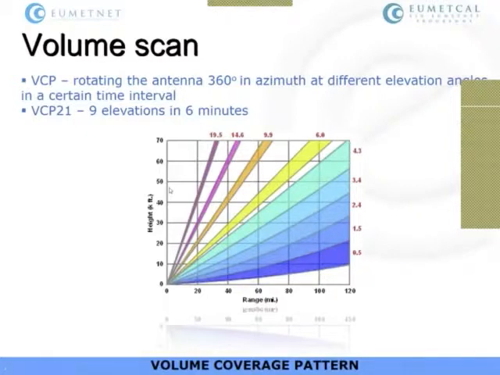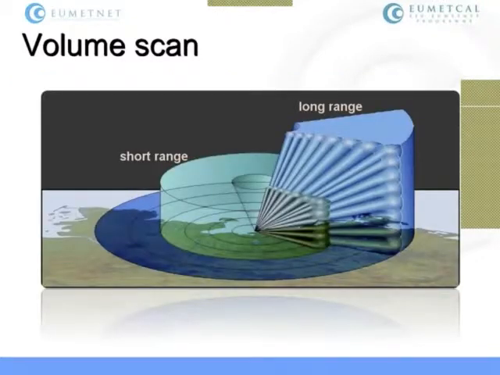We talked earlier about the elevation angle and the azimuth angle, and using these, the radar performs a volume scan. It means that the antenna is rotating 360 degrees in azimuth at different elevation angles. This is done in a certain time interval, and you have the information which consists of a volume scan.